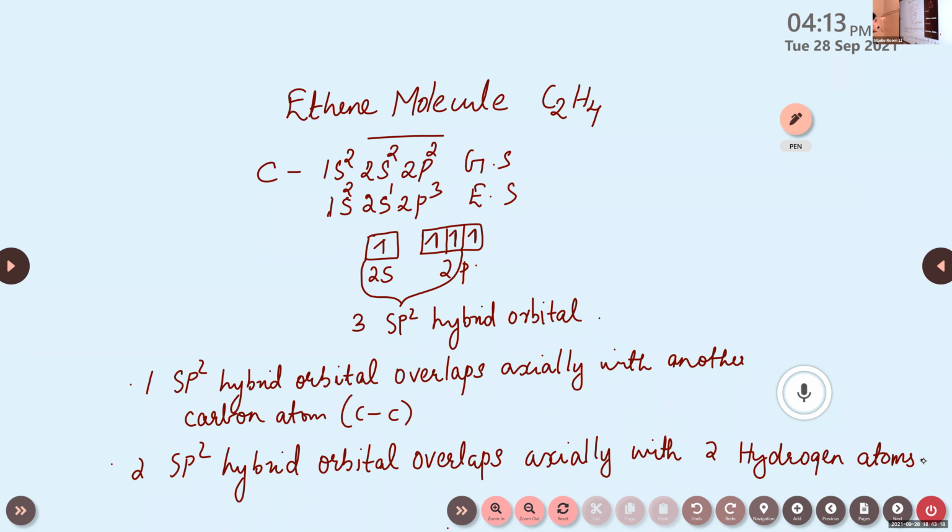One sp2 hybrid orbital overlaps axially with another carbon atom to form the C-C sigma bond, and the remaining two sp2 hybrid orbitals overlap axially with two hydrogen atoms. Okay.